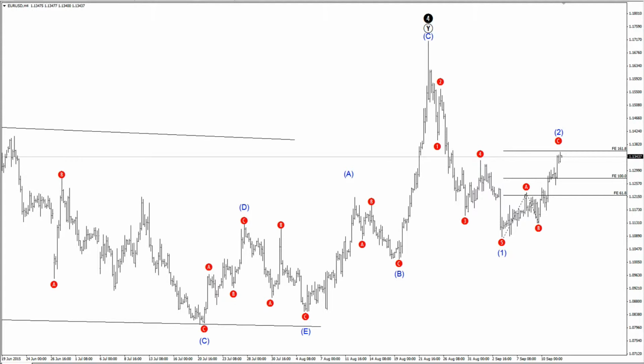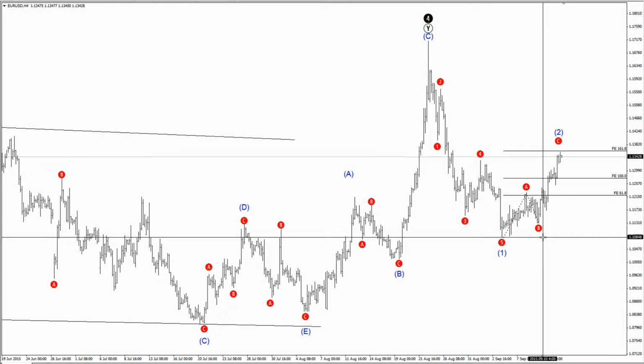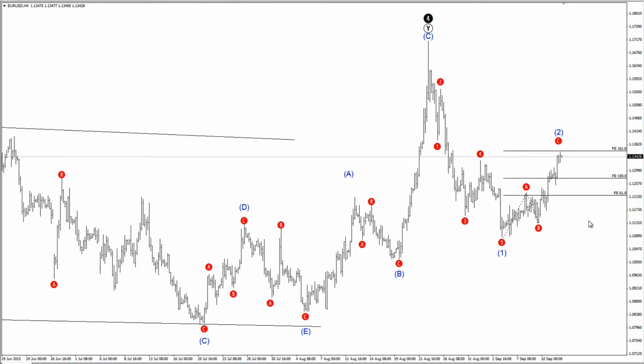I also post this on Facebook, so many of you might have seen it in the Facebook groups I participate in. In this new revision, this latest upwards move I have labeled as minute wave 2. So the first 5-wave structure would then be concluded and the low of the 5th wave is at 110.85.